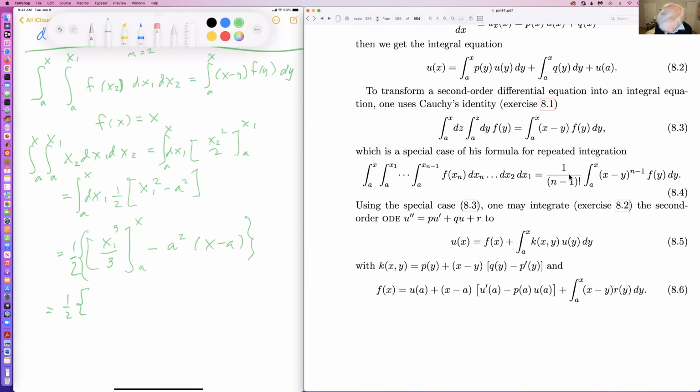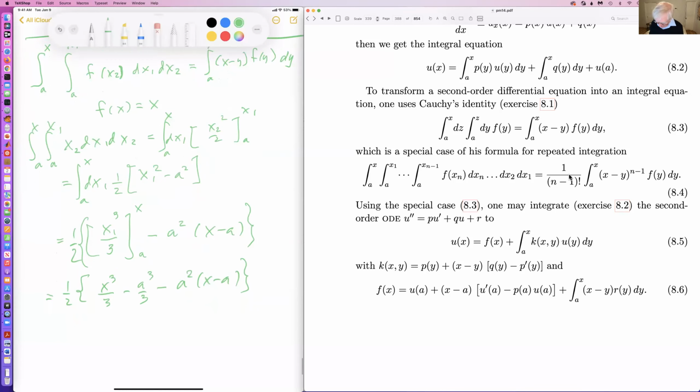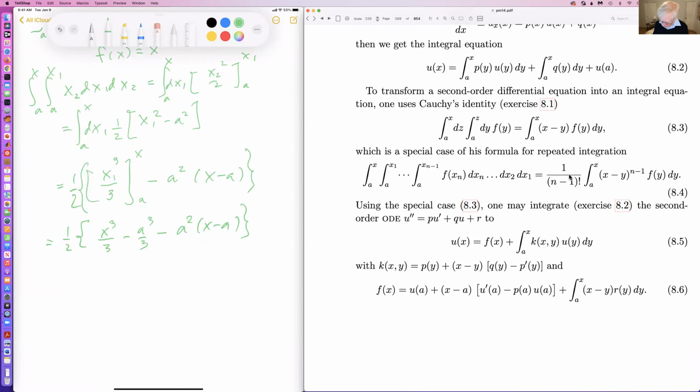All right, so that's the whole business as far as I can tell. 1/2 x cubed over 3 minus a cubed over 3 minus a squared x minus a. And if we simplify that just a little bit, we have plus a squared, plus a cubed minus a cubed over 3.